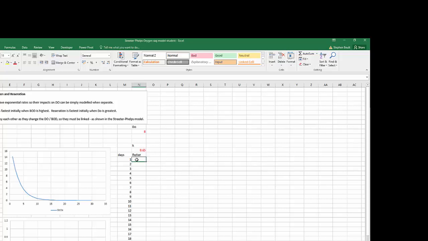You can work out the equation for that. It's going to depend on oxygen saturation, N10. We need to make sure that we have an absolute reference to that. So N10, and what we're looking at is the reaeration.